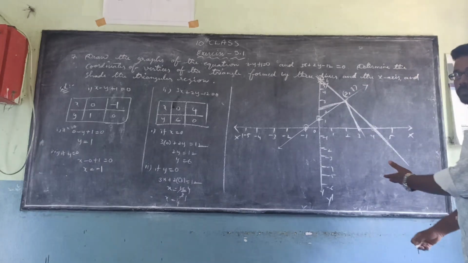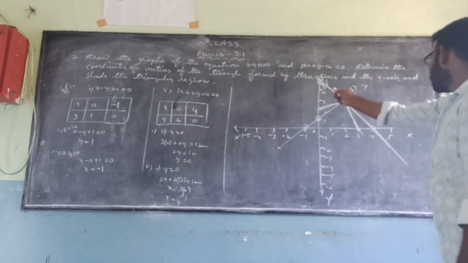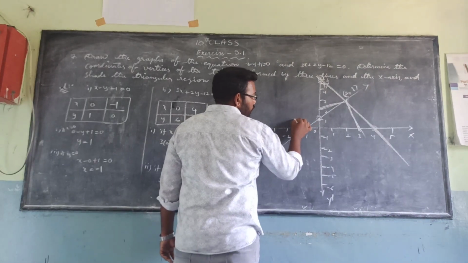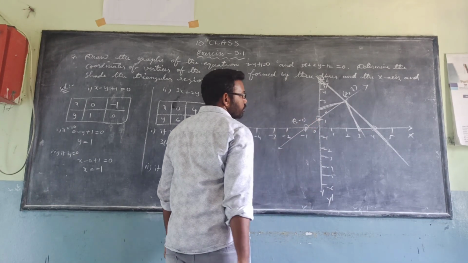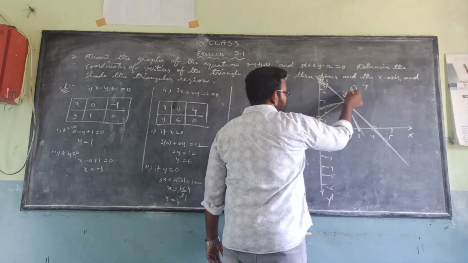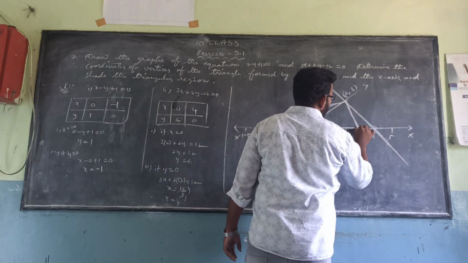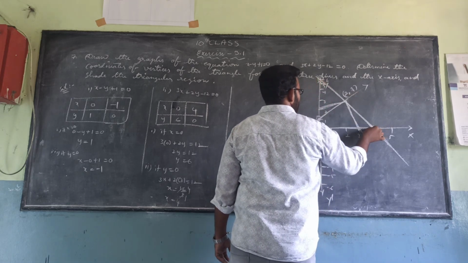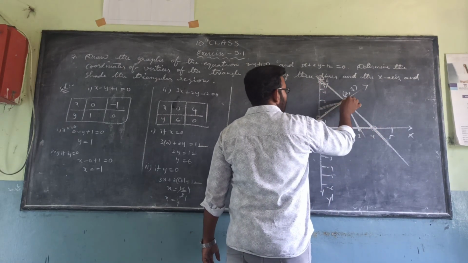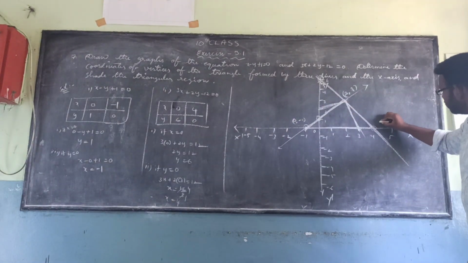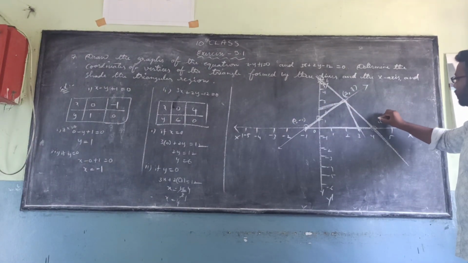So that's why this graph comes like this. So now if you observe, here the point is 0 comma minus 1. Here the point is 2 comma 3. So this is the triangle. In this triangle, first point, second point and third point. This is 4 comma 0.